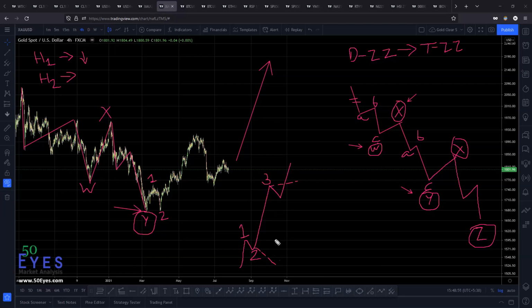So if we magnify this wave 3, you will have something like this inside it. I'm representing the inner waves using Roman numerals. So this could be your 1, this could be your 2, followed by a wave 3 up, right?